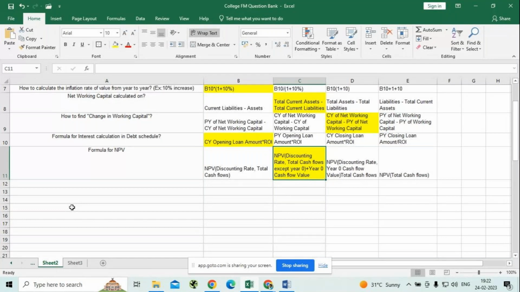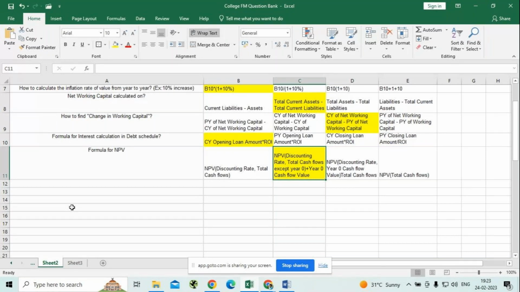Okay, so if you have 10 years plus year 0, whenever we prepare the balance sheet or cash flow statement, we prepare it from year 0 till the end of period, that is year 10. So totally 11 years we consider. But when we calculate IRR, we take all the 11 years' values.